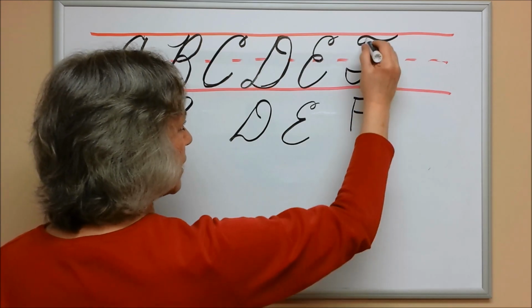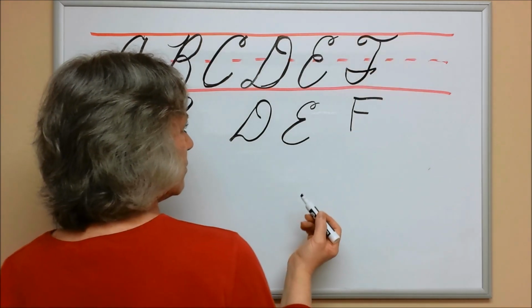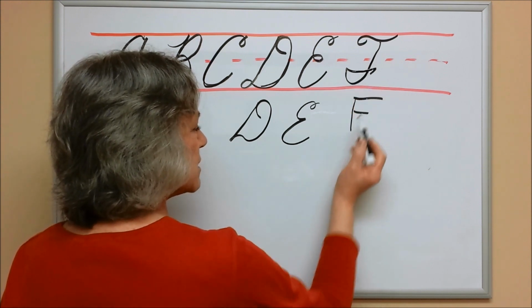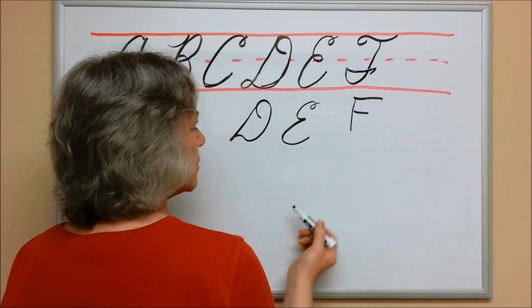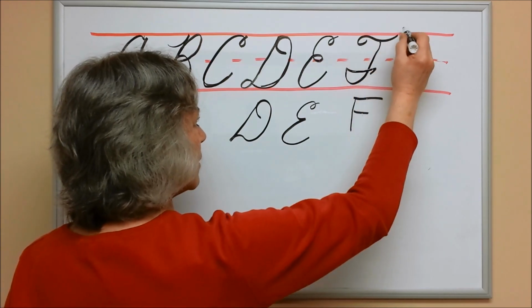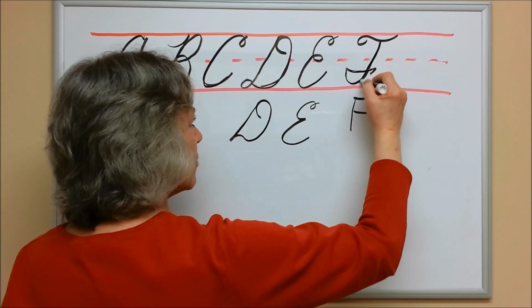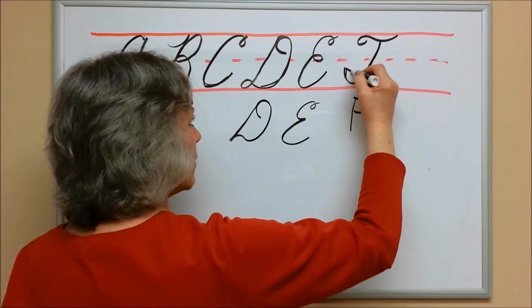With the cursive F, we have the top, that's our top of the F. This part that hooks over, that's the second line.